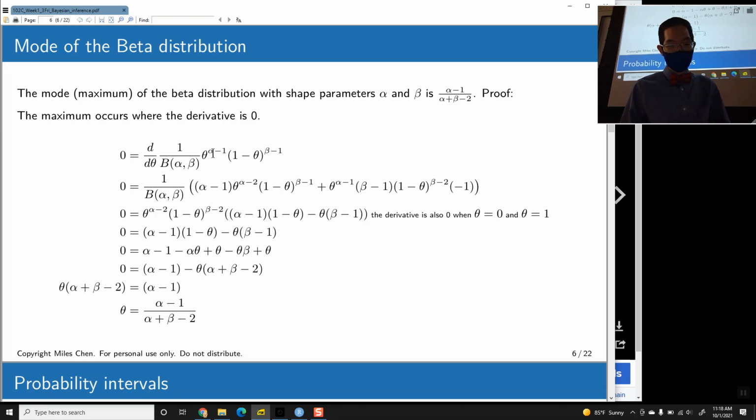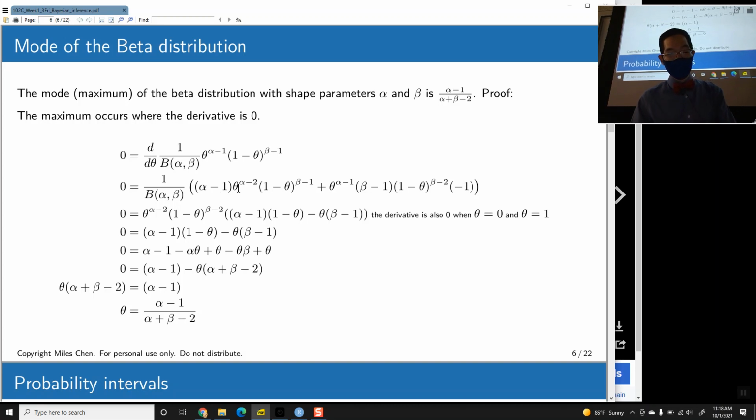It's going to be the derivative of this thing times this thing, so we've got alpha minus 1 times theta to the alpha minus 2 times this part. Then we do the second part: the derivative of this times this, theta to the alpha minus 1 times beta minus 1 times 1 minus theta to the beta minus 2. There's a chain rule here, so we have this multiplied by a negative 1. Now we just have to rearrange and combine terms.